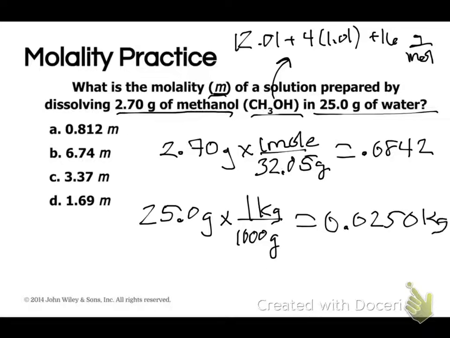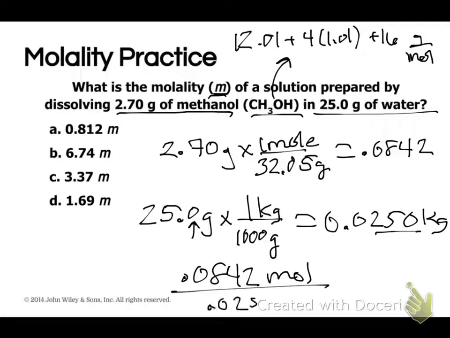Again, my significant figures here, this 0 is significant because it's after the decimal, so I keep it. And then I just take moles per kilogram of water, and I'm done. So 0.0842 divided by 0.025.